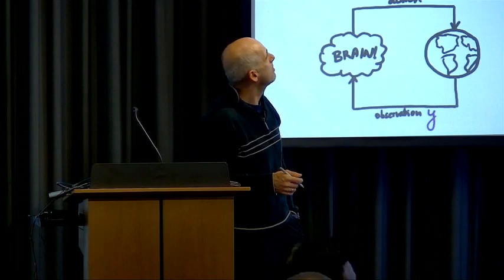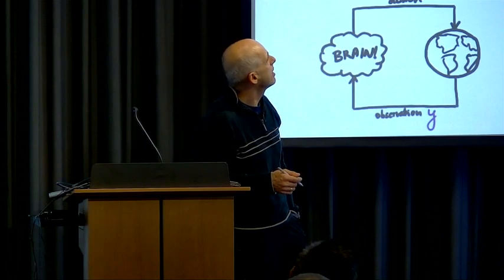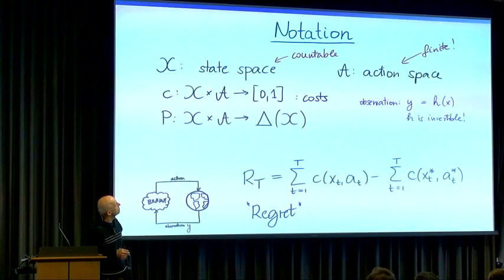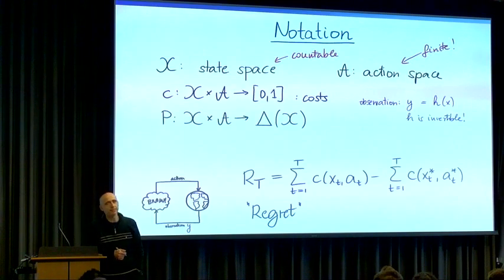Okay, so I'm going to make some assumptions here, and you might think that they're innocent, but I don't actually know. So the state space is going to be countable, and that makes it certainly easier to write certain things. Action space is going to be finite. I do have ideas about how to go beyond finite actions, but the countable state space is going to be important at one point. It's kind of ridiculous.